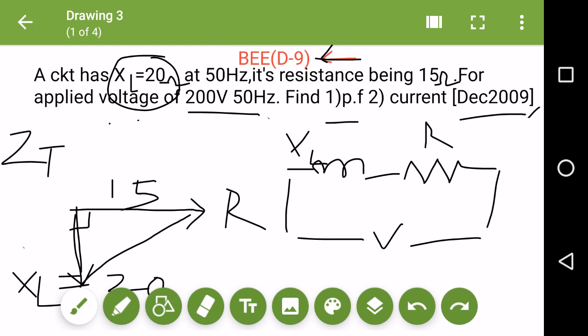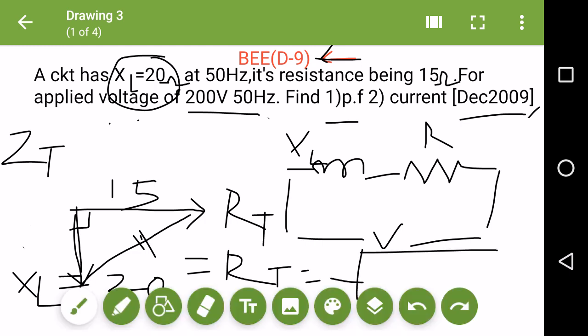is 15. If I want to find the resultant vector, I will go by Pythagoras. The total resistance of this circuit is simply the square root of 15 square plus 20 square.